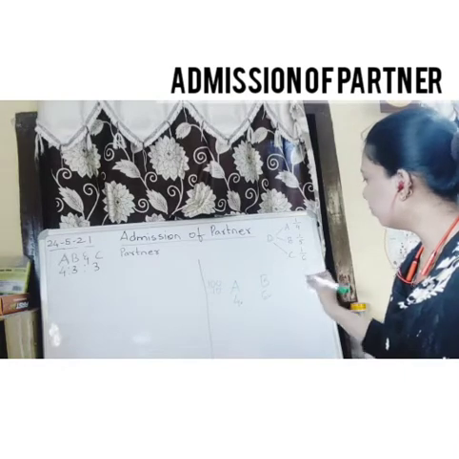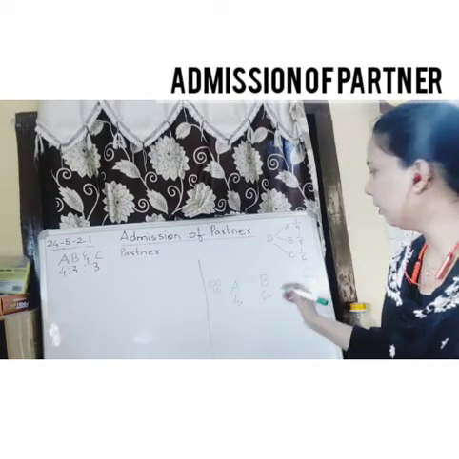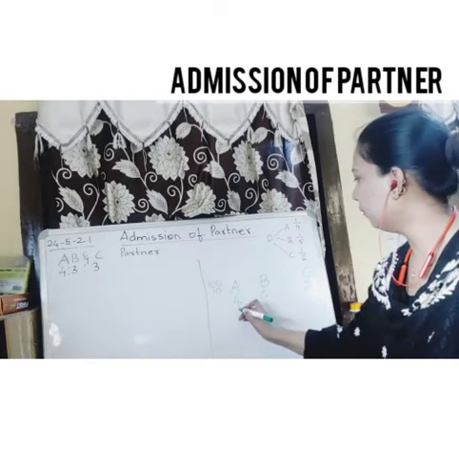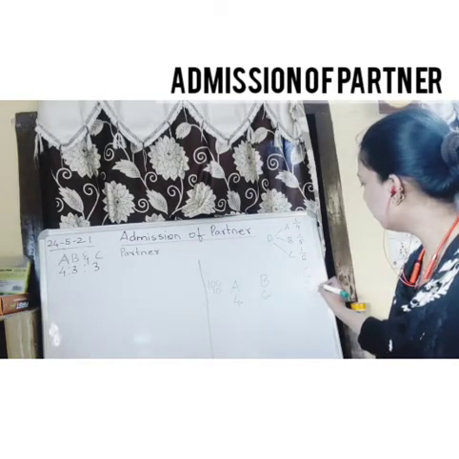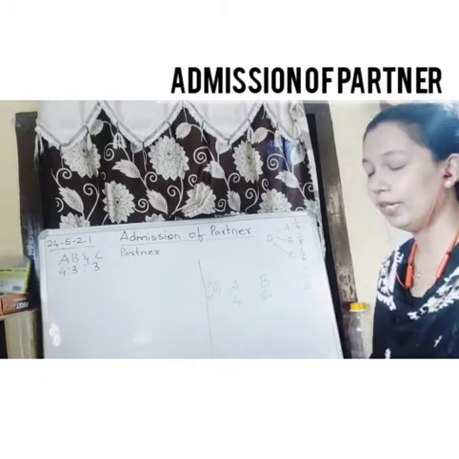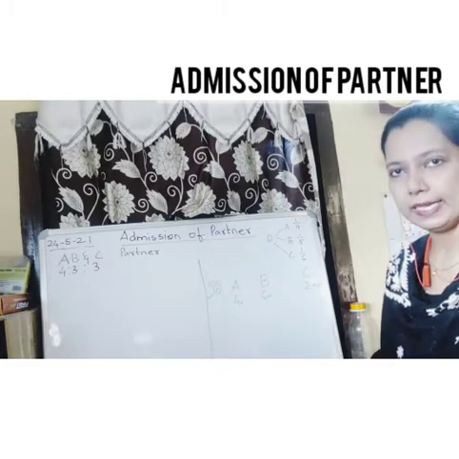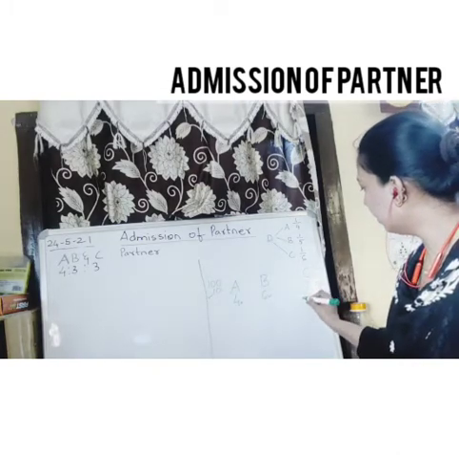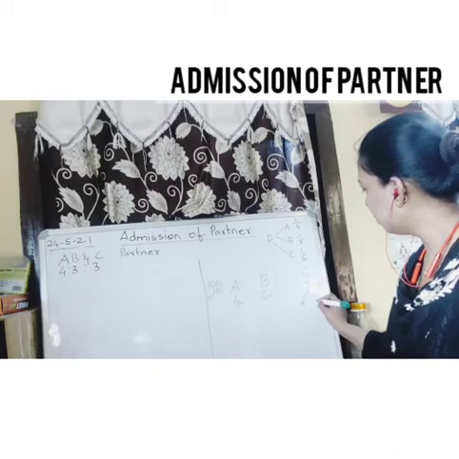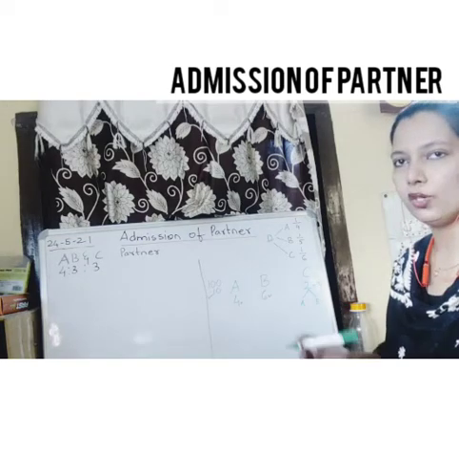Now they try to add C into their firm by giving him a profit of 2. If you add this amount, it comes to 12, but the actual profit is only 10. So to give a part to C, A and B need to contribute some part of their profit.